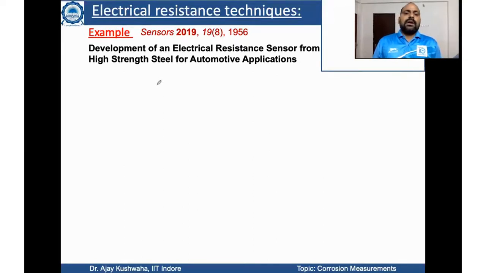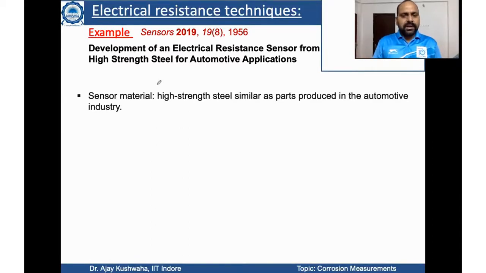The high strength steel is itself used in the design of vehicles, and the study looks at how this steel behaves once it is exposed to such an environment.